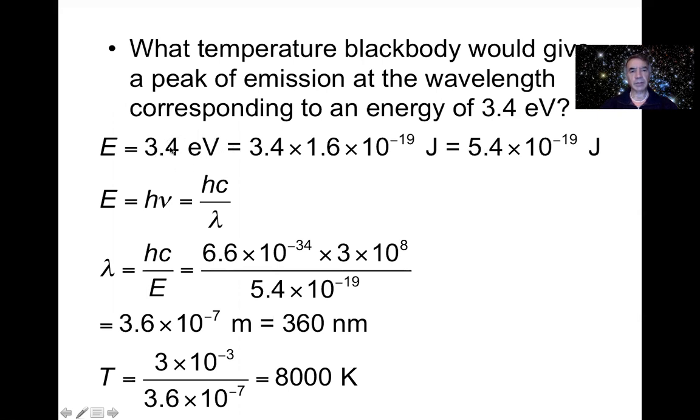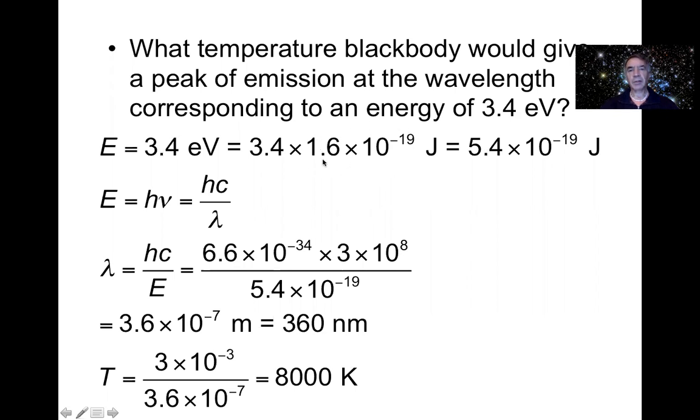So let's take this energy of 3.4 electron volts. You'd need to look up how to convert that to SI units first, to joules. The electron volt comes from the amount of energy that's obviously required to accelerate one electron through 1 volt, and that just corresponds actually to the charge on the electron.